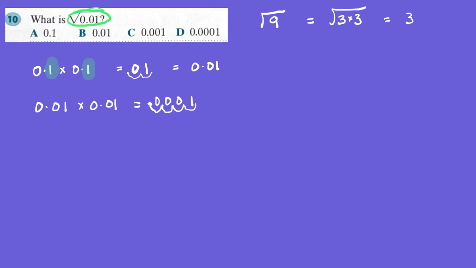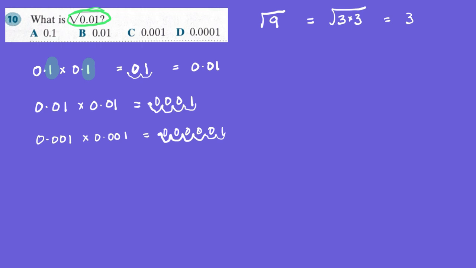I could try C now, which means 0.001 multiplied by 0.001, and that would mean that I would have to move back 6 decimal places. 1, 2, 3, 4, 5, 6, and I'll have 5 zeros in front of me.